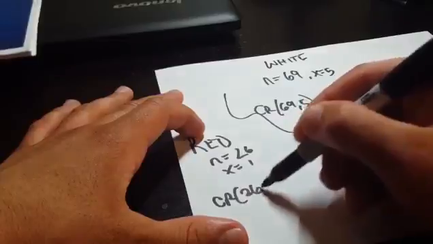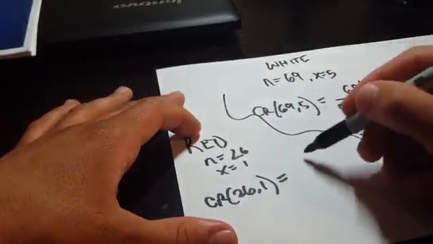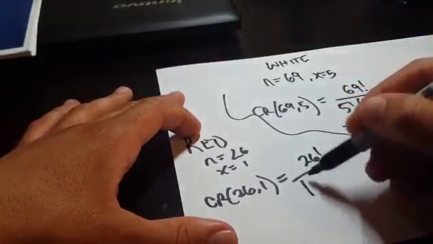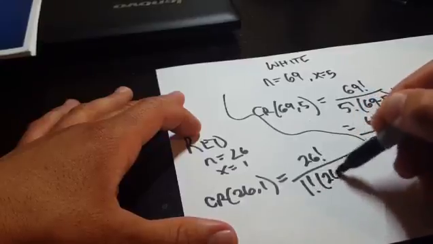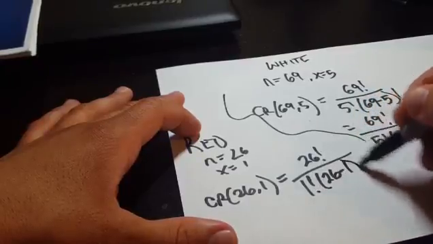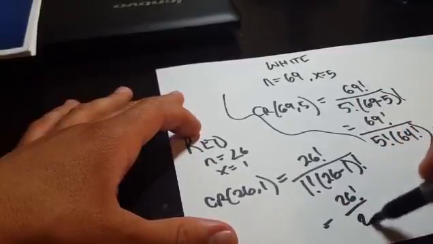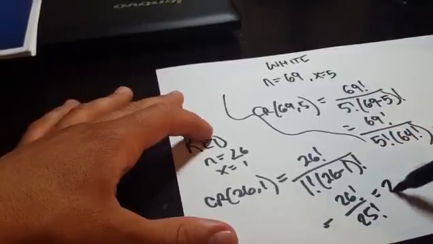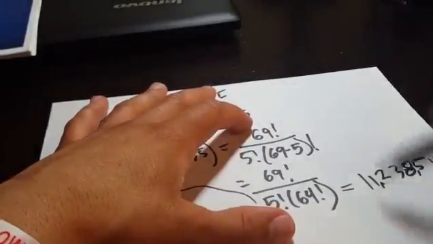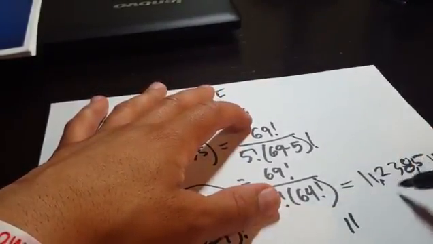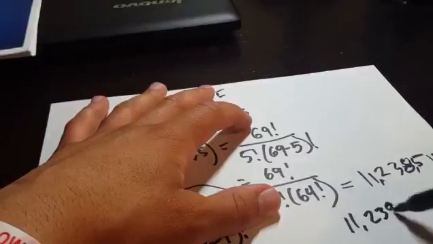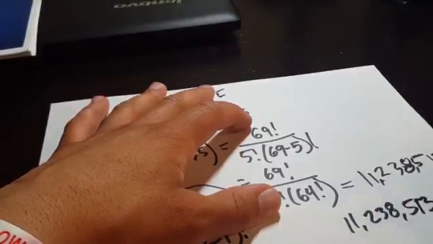So 26 choose 1, and I know that this is going to be 26 factorial over 25 factorial, which is just going to equal 26. So now we're going to take 11 million, 238,513, and times it by 26.